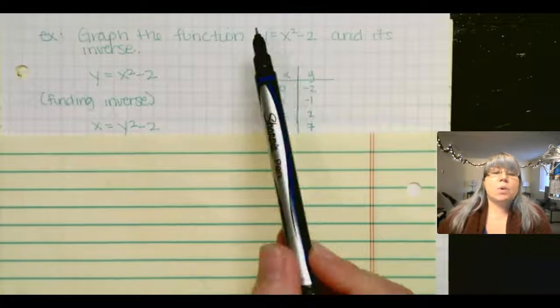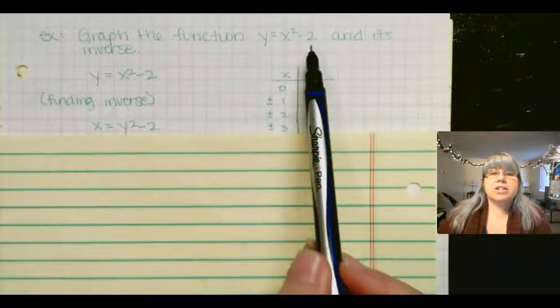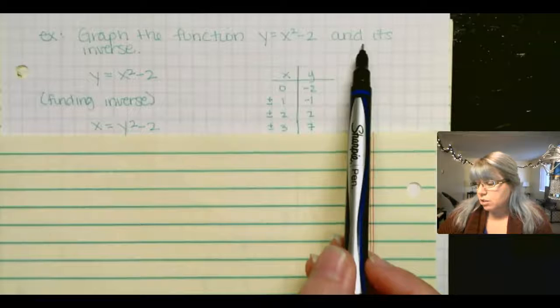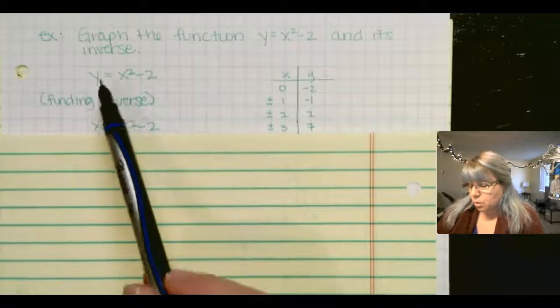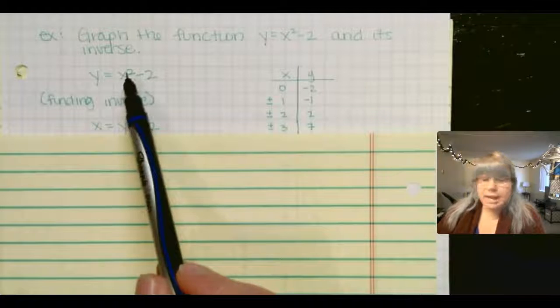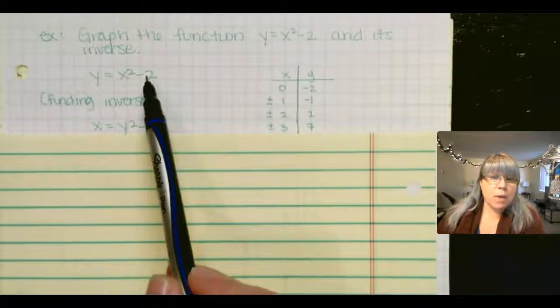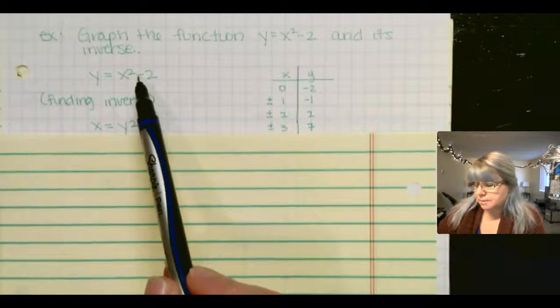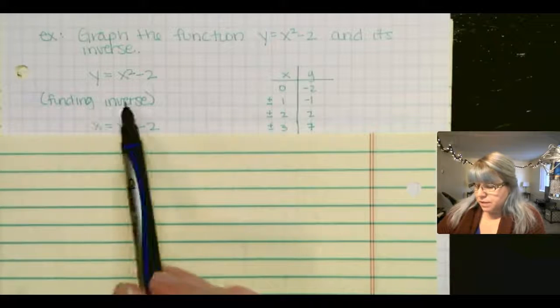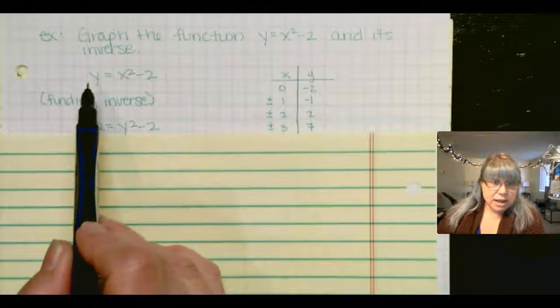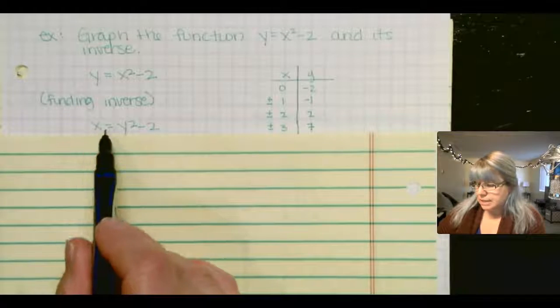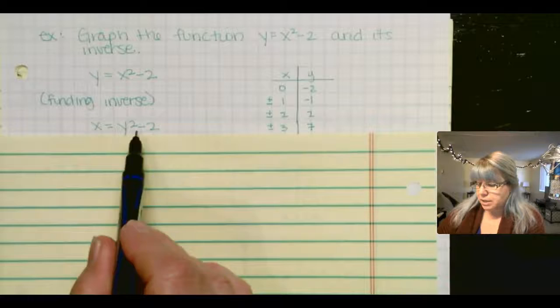Let's try an example. y equals x squared minus 2. And we want to also graph that function as well as its inverse. Well, y equals x squared minus 2 is a parabola. So let's keep that in mind. Inverse function, we're going to exchange x's and y's. x equals y squared minus 2.